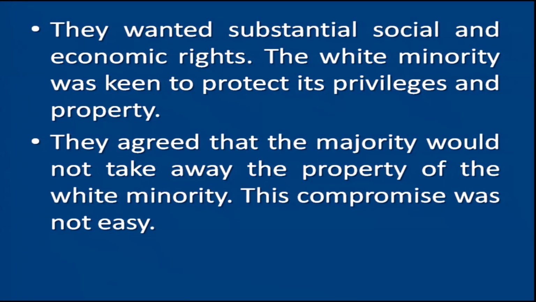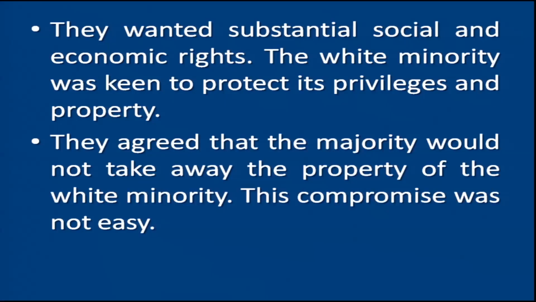The blacks wanted substantial social and economic rights, whereas the white minority was keen to protect its own privileges and property. Here the two parties, the blacks as well as the whites, had to compromise with each other. When the blacks were demanding some sort of rights for the poor and the workers, the white minority was in a mood to protect their interest, that is, their privileges and property.